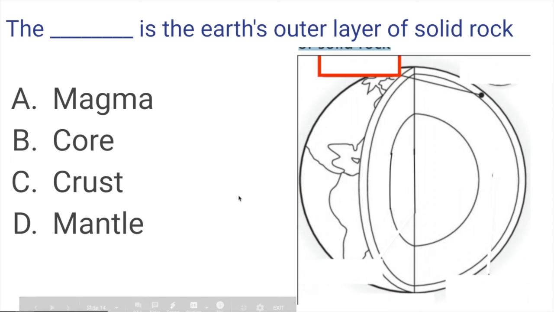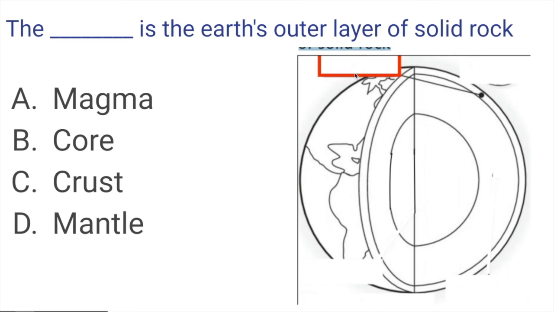Okay, now we are going to look at the layers of the Earth. The Earth has 3 layers. The blank is the Earth's outer layer of solid rock. What is the name of the Earth's outer layer of solid rock?